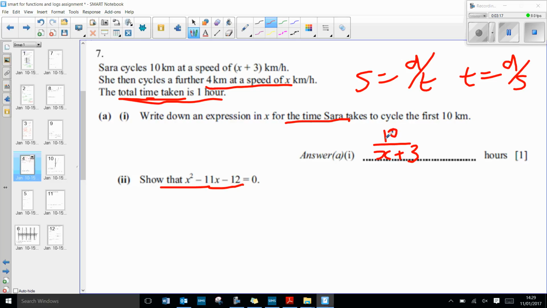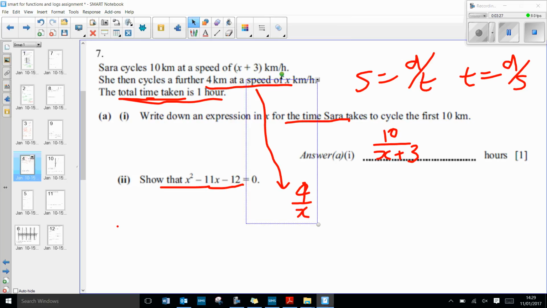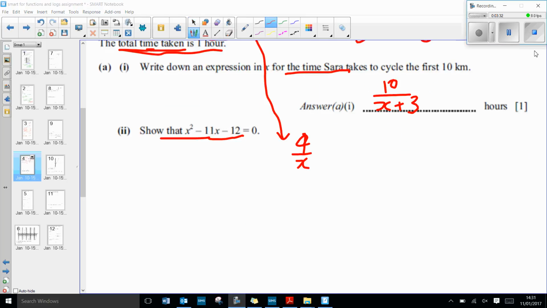So that time would be 4 over x. So we know that. Okay, so this is focusing on the time, so we would say that 10 over x plus 3 plus 4 over x equals 1 hour.